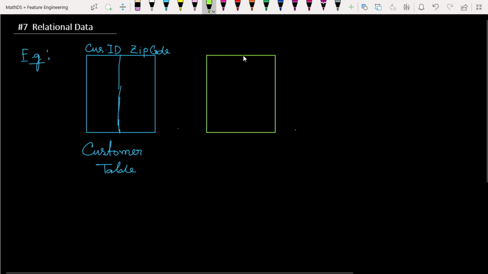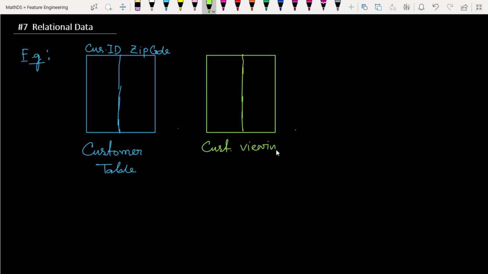Let this be the customer viewing data table. Suppose this table looks like this: in one column there is the customer ID, in another column there is the product ID, and in another column, how many times the customer has viewed this product, how much time the customer has engaged with that particular product.